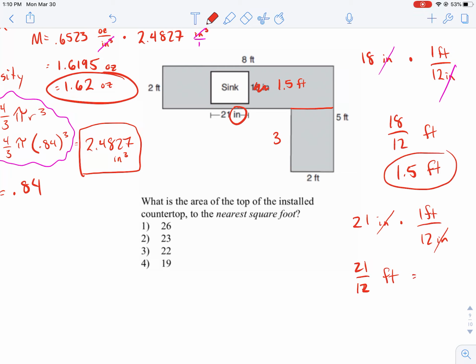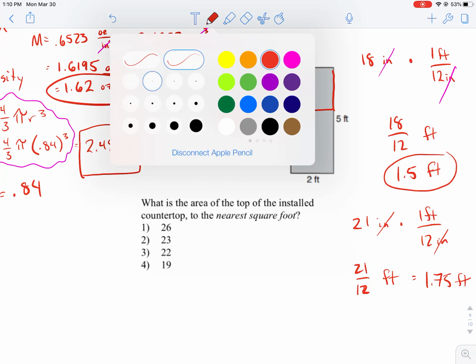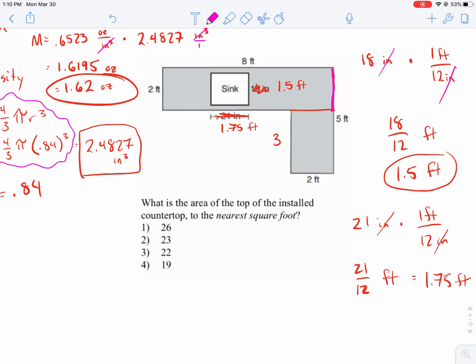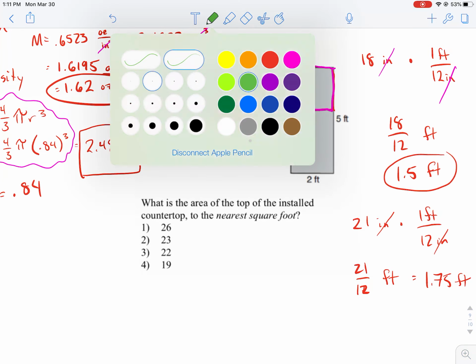Again, the inches cancel, so you're left with 21 over 12 feet, which is equal to 1.75 feet. Now, everything's in feet, so all I am left to do at this point is find the area of these rectangles here. So I'm going to find the area of this first rectangle.